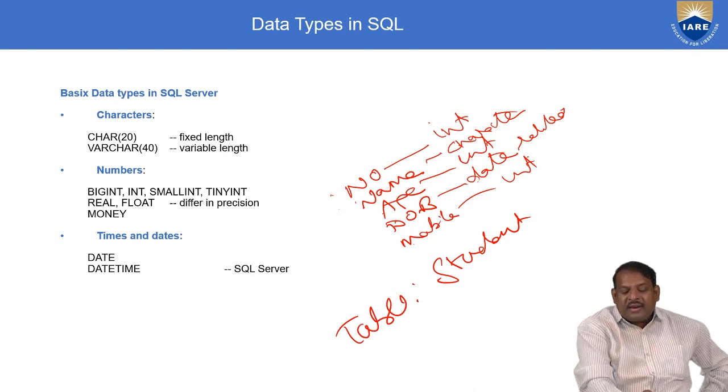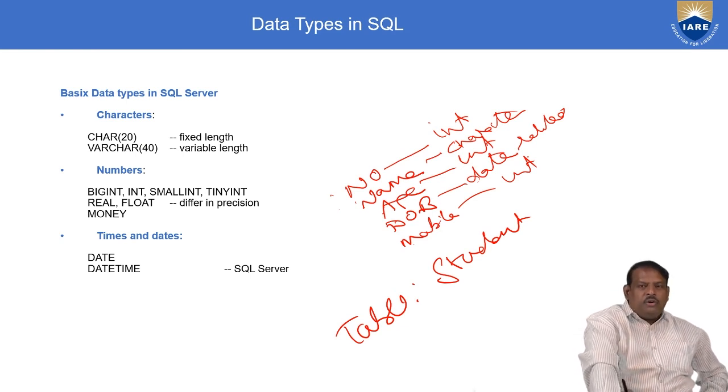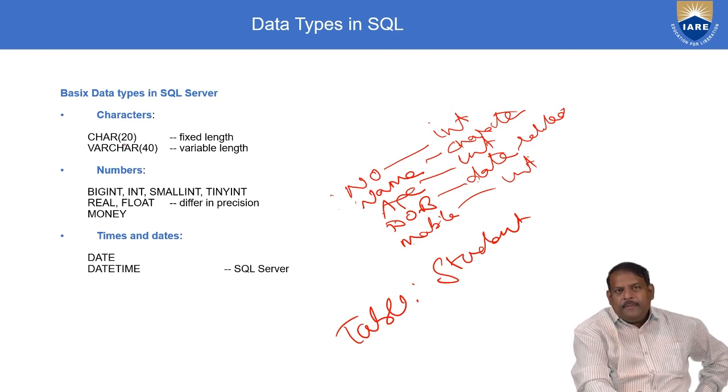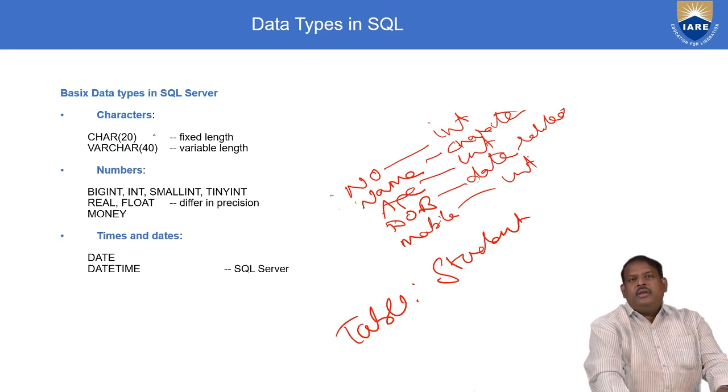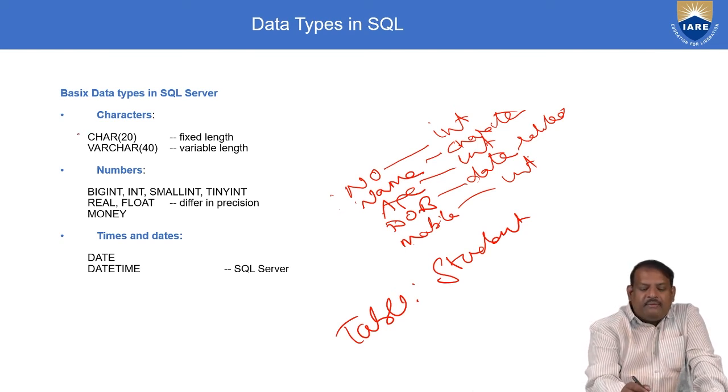When I say varchar of 40, you can use any value from 1 to 40. If you give only 5, only 5 will be used, and the remaining 35 will be freed. That is the difference between char and varchar.